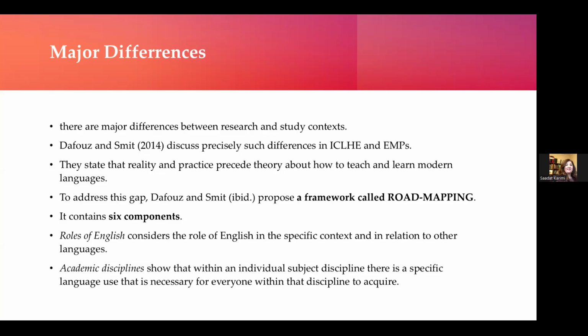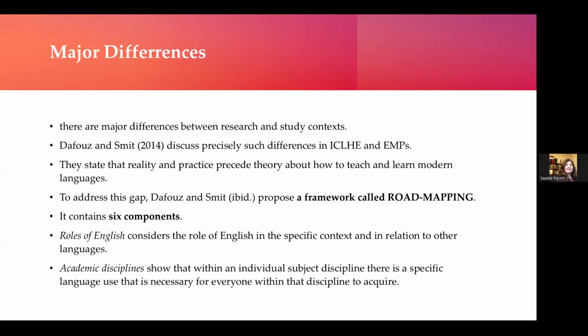Role of English considers the role of English in the specific context and in relation to other languages. Next component is academic disciplines. It shows that within an individual subject discipline, there is a specific language use that's necessary for everyone within that discipline to acquire.